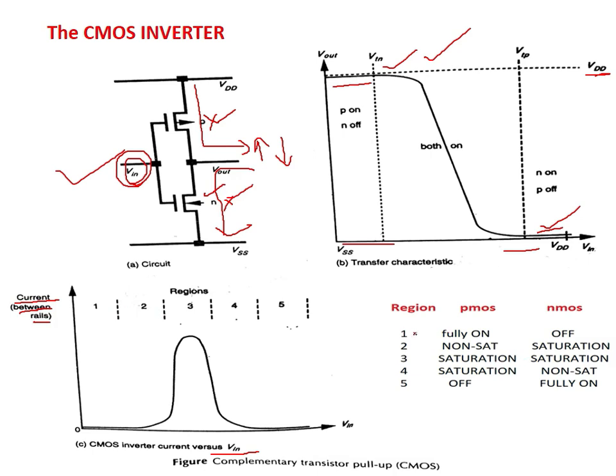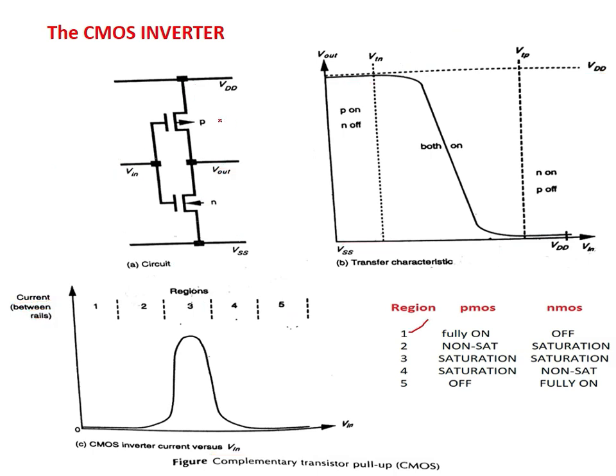In region 1, for low input the PMOS transistor is on and the NMOS transistor is off. PMOS is fully on and NMOS is off, that is, in the cutoff region.